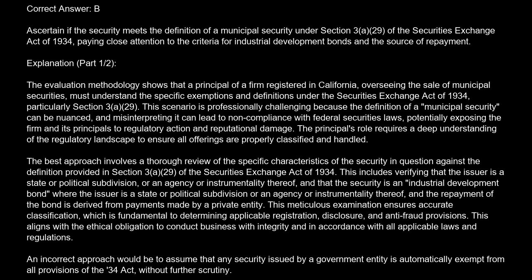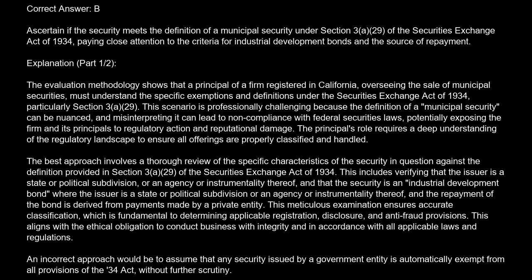The best approach involves a thorough review of the specific characteristics of the security in question against the definition provided in Section 3(a)(29) of the Securities Exchange Act of 1934. This includes verifying that the issuer is a state or political subdivision, or an agency or instrumentality thereof, and that the security is an industrial development bond, where the repayment of the bond is derived from payments made by a private entity.